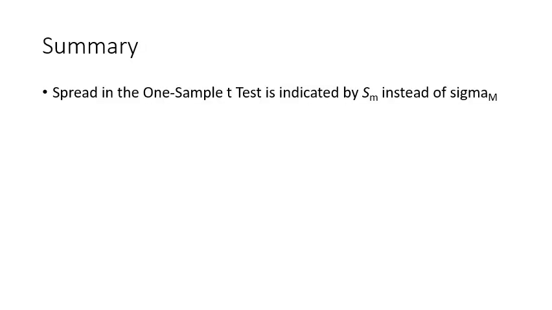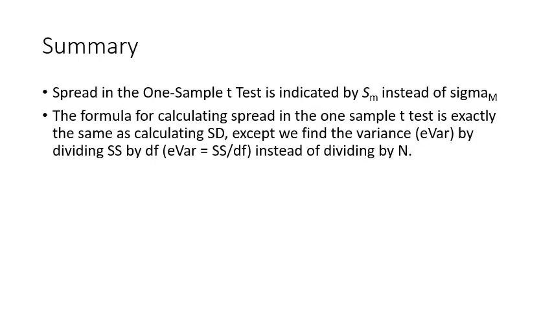So in summary, spread in the one sample t-test is indicated by SM, this should be in uppercase M, instead of sigma M. The formula for calculating spread in the one sample t-test is just the same as calculating standard deviation back in chapter 2, but we find the variance, which we call EVAR, by dividing SS by DF.